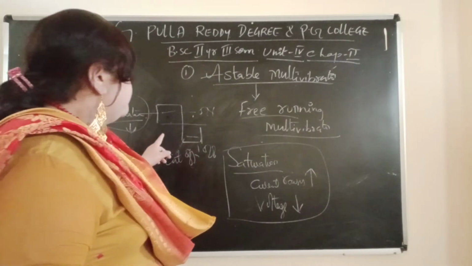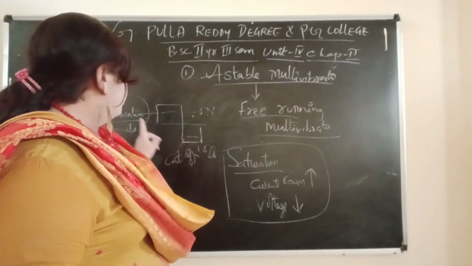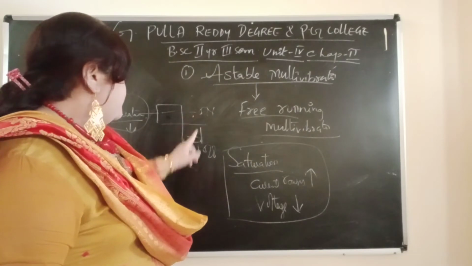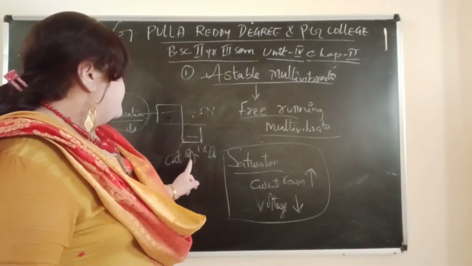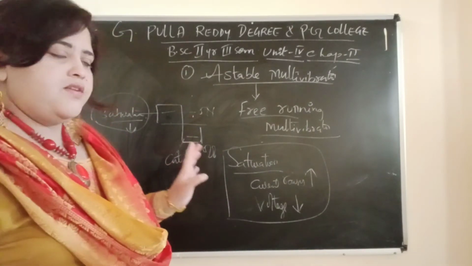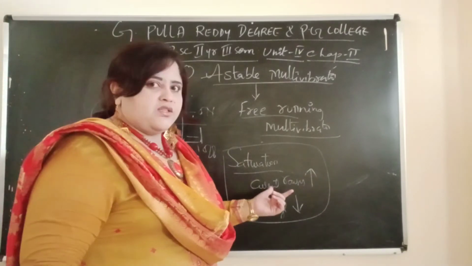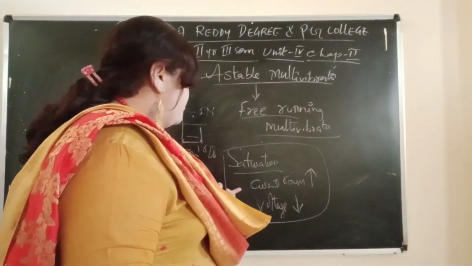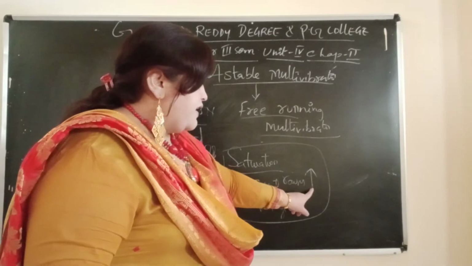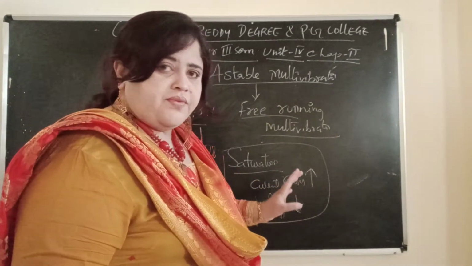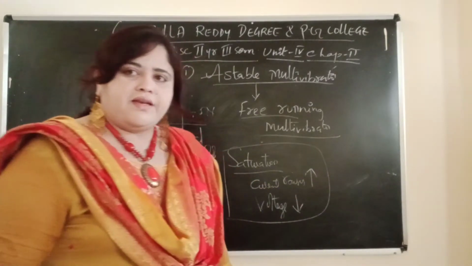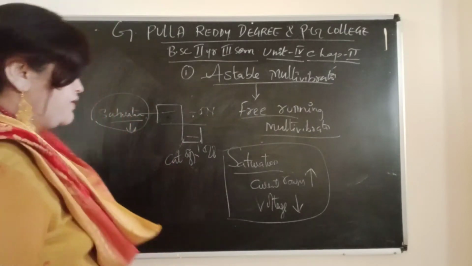Saturation means on, cut off means off. When the transistor is in saturation mode, current will be rising and voltage will be decreasing. This you should keep in your mind.